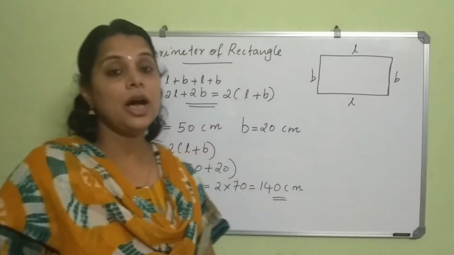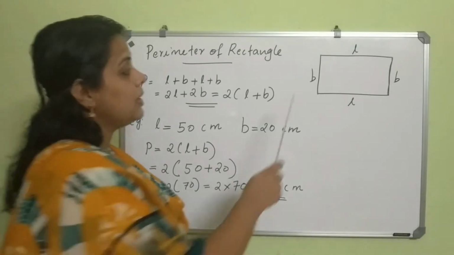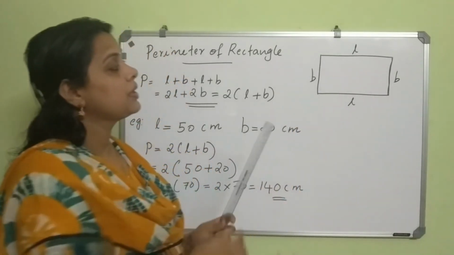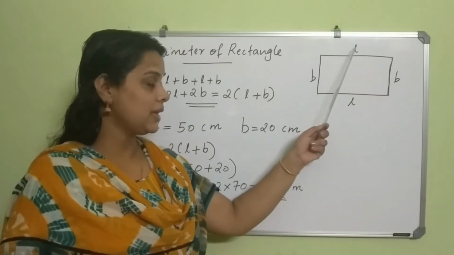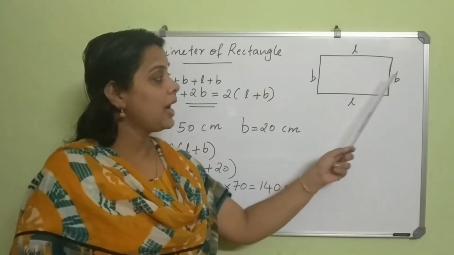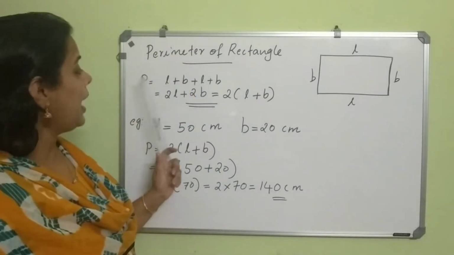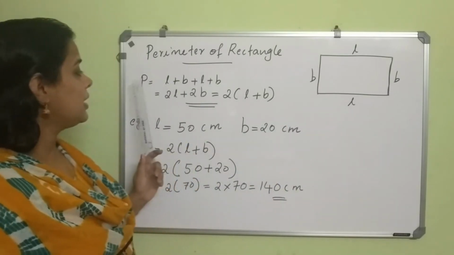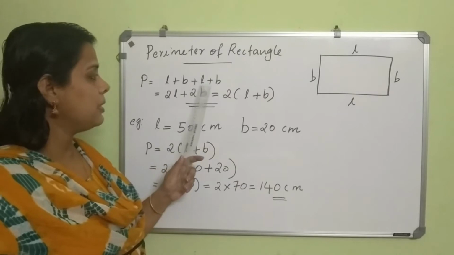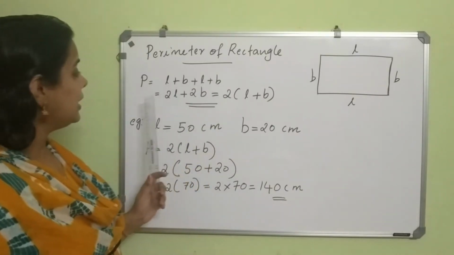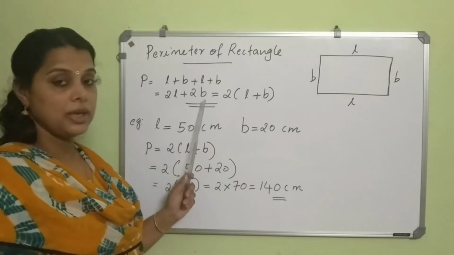Now we can check how to find perimeter of a rectangle. Here this is a rectangle. It has length L, opposite sides are equal. So here also length L, this is also L and breadth is B. So for adding all the sides, we can write perimeter is equal to L plus B plus L plus B. That is equal to L plus L is 2L plus B plus B is 2B.